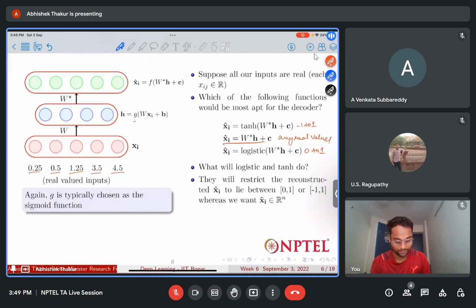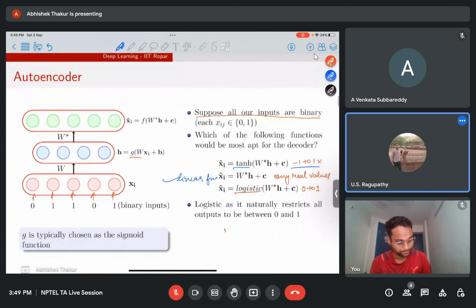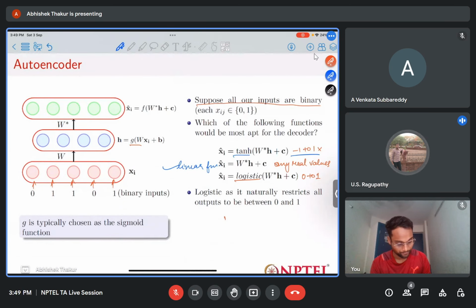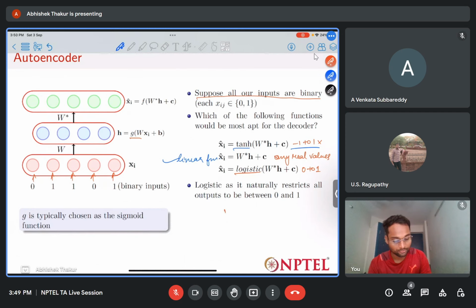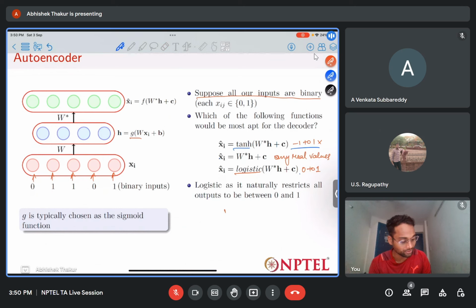I'm just revising the summary of this whole class. In this question our inputs are binary. So which is the perfect one? The perfect one is the logistic function, because it gives output from 0 to 1.